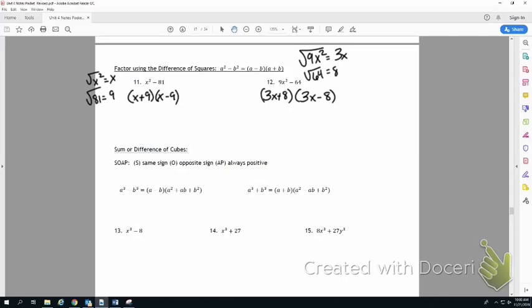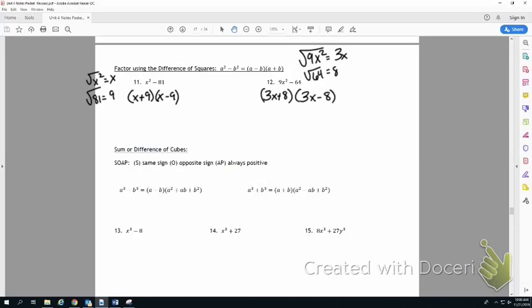This can be the sum or the difference. It does not have to be just subtraction like the perfect squares above. Okay? So you've got two different things to be aware of. One is the signs you're going to give in your answer, and you can use the SOAP acronym to get that.